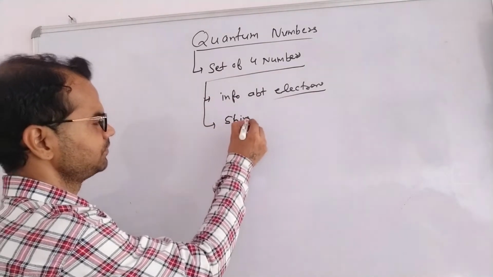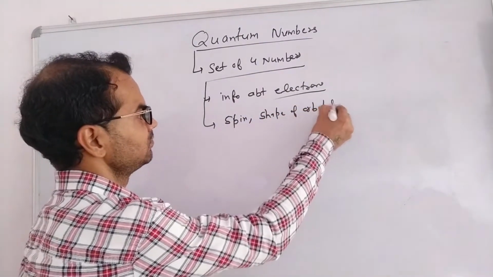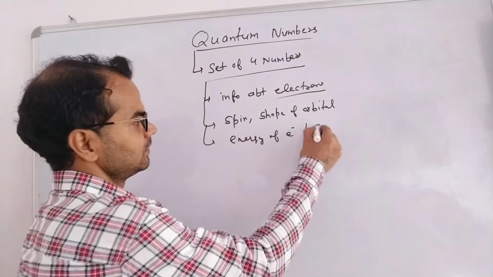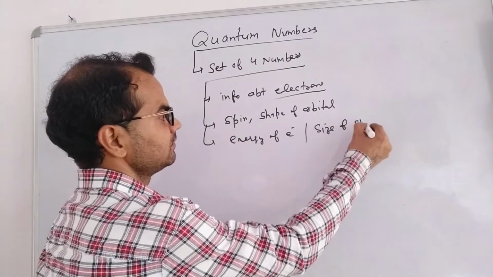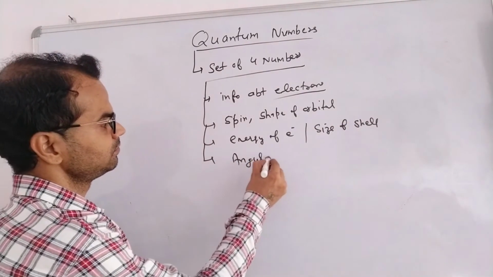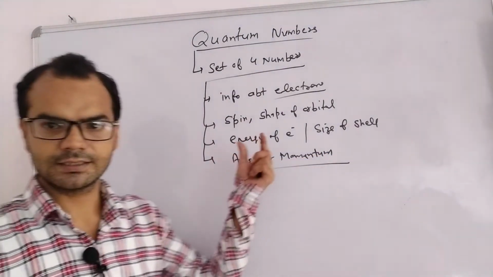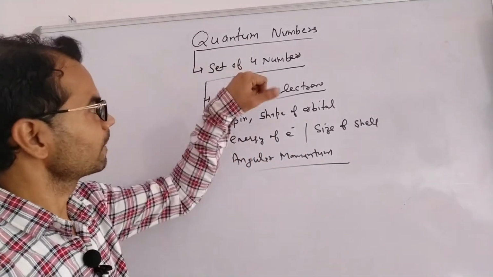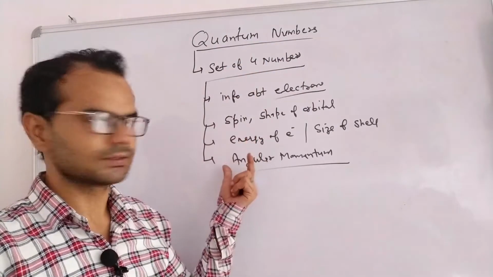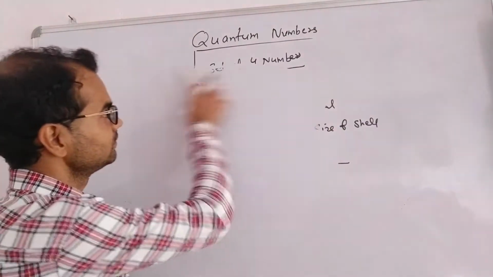Their spin, shape of orbital, energy of orbital, energy of electron, size of shell, their angular momentum. So all the necessary information is provided by this set of four numbers. These numbers are called quantum numbers. Easy. So let's start one by one.